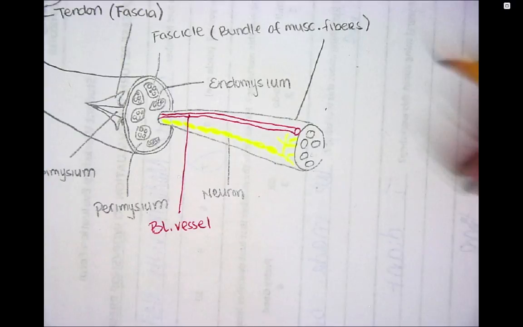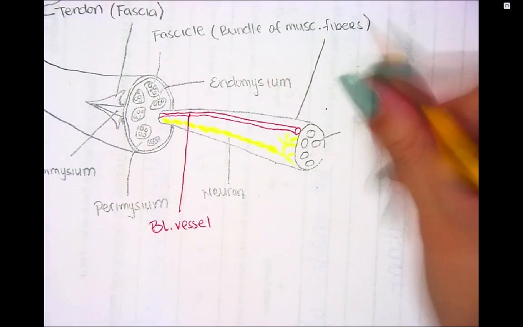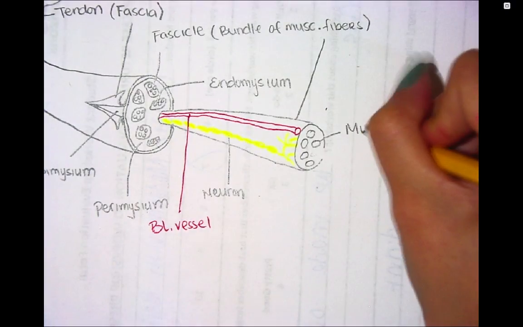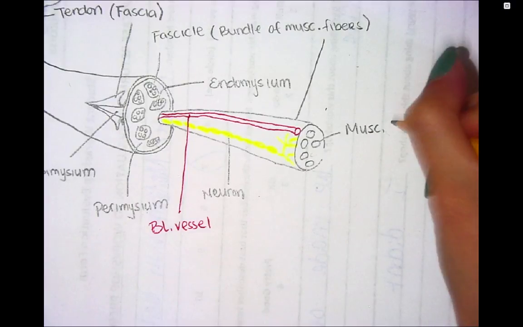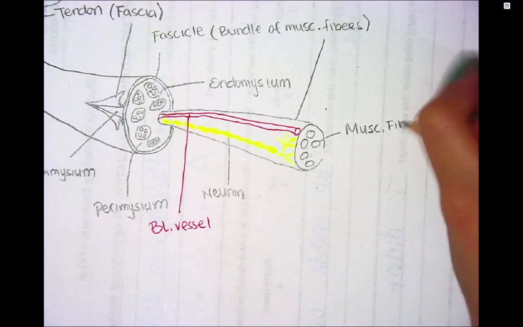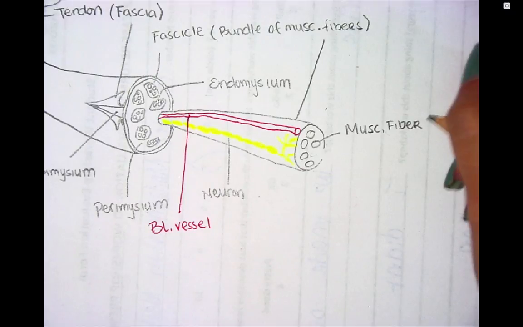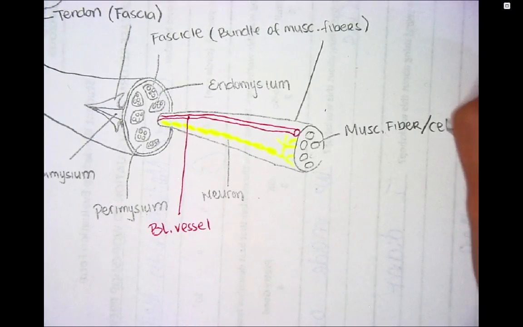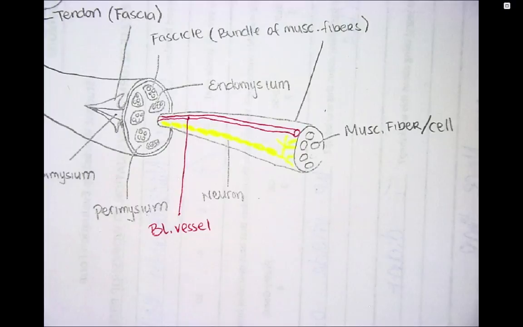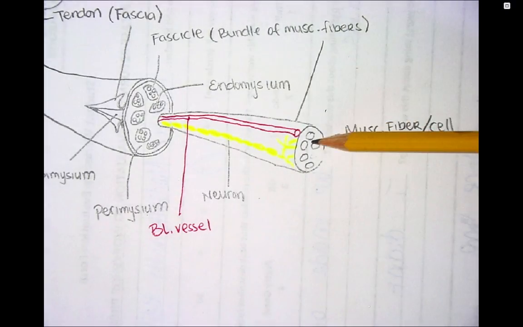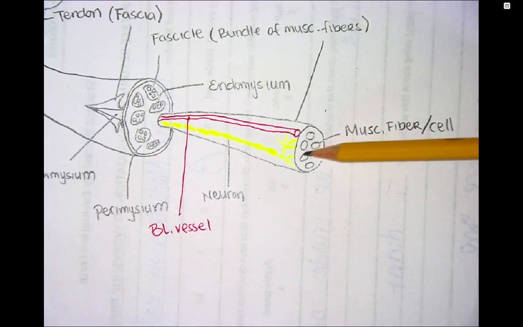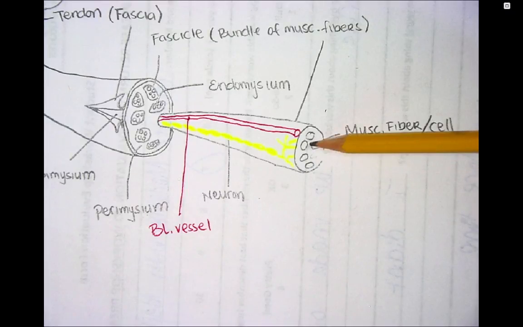We can label that here. Fiber. A muscle fiber is essentially a cell, one muscle cell. Notice in between the muscle fibers or cells, we have white space. What is this white space actually? Because it's not just empty. There's connective tissue in it.